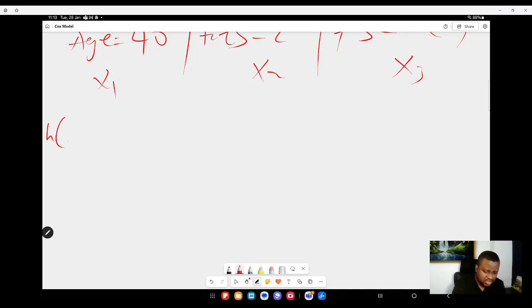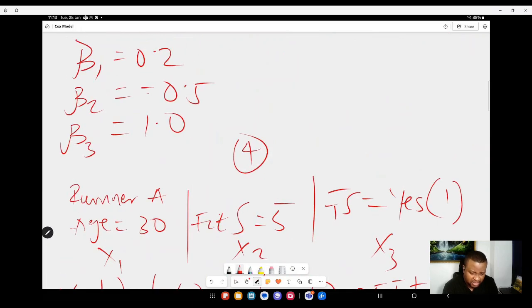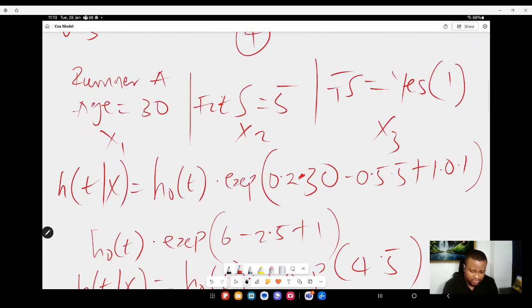Now we're going to find the hazard function for runner 2, just as we did in the previous one for runner A. For runner B, the coefficients don't change. Let's remind ourselves of the coefficients again: 0.2, minus 0.5, and 1.0.